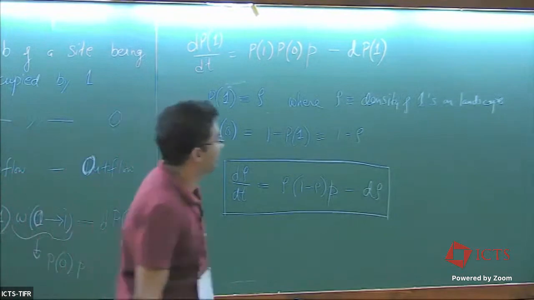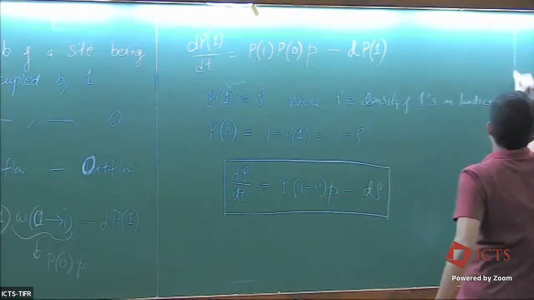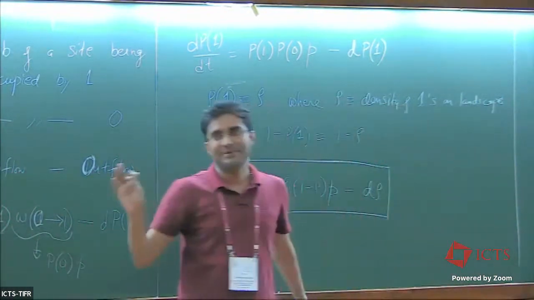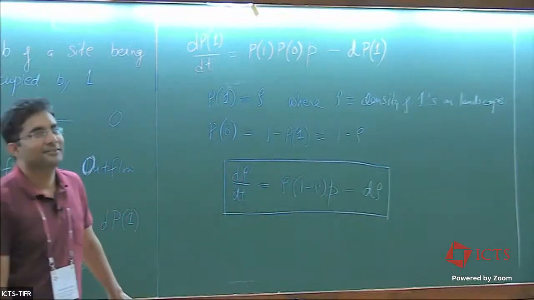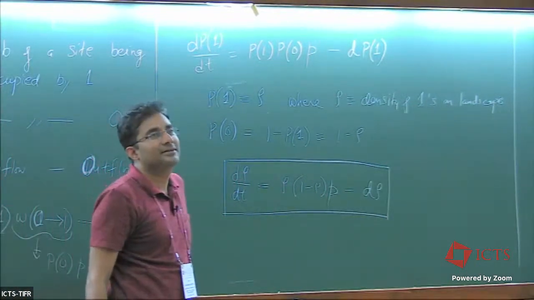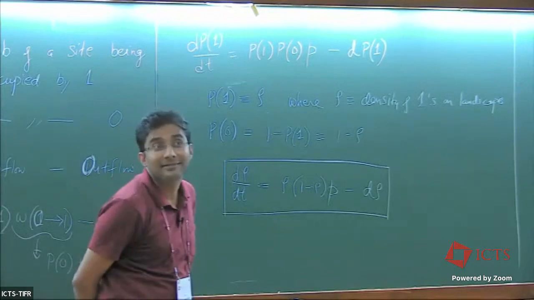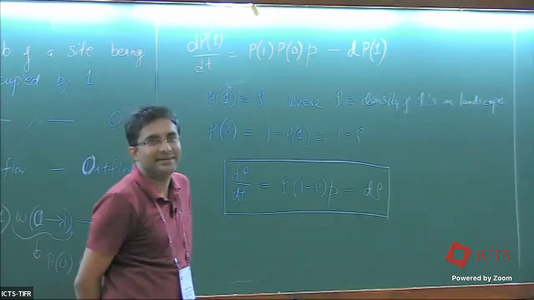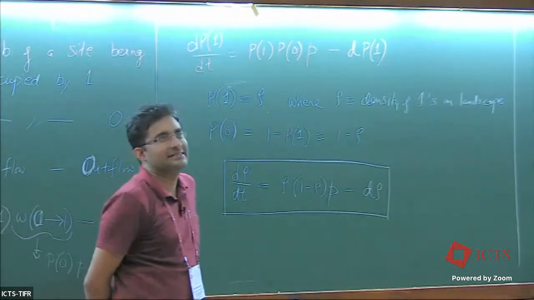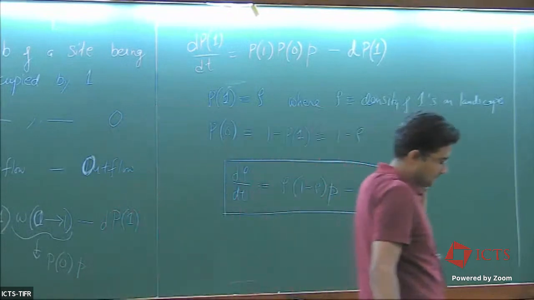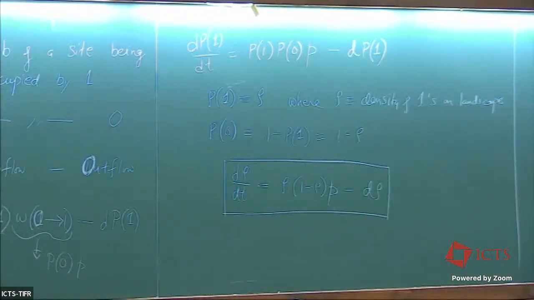Okay. Now we know what to do with this. We're now experts in dynamical systems, right? What will you do with it now? Find the fixed points and then find the stability. Can you do this? Yeah.